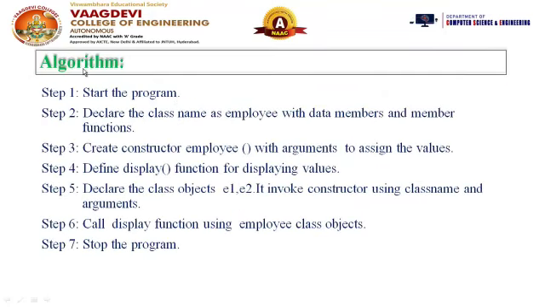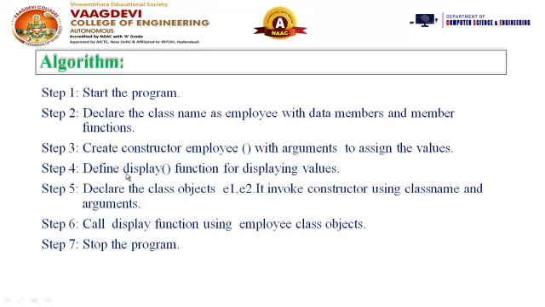Algorithm for parameterized constructor. In this algorithm, we will be discussing several steps involved in executing a program on parameterized constructor. The first two steps are to create the class and define the member function of that class. In the next step, we define the constructor definition with arguments.